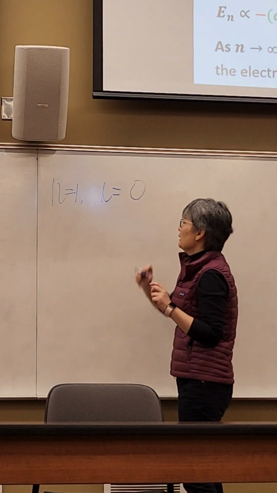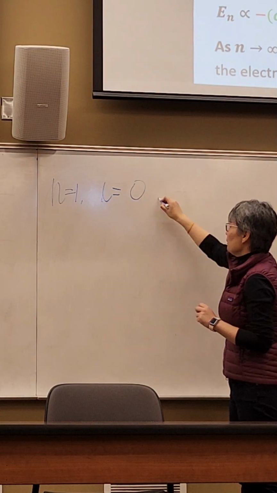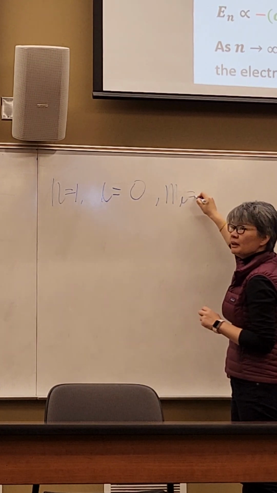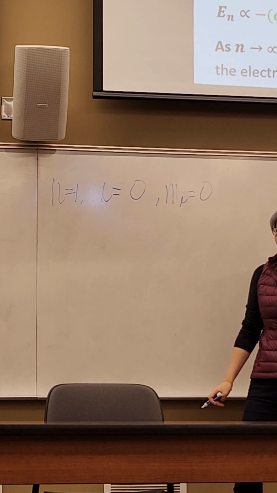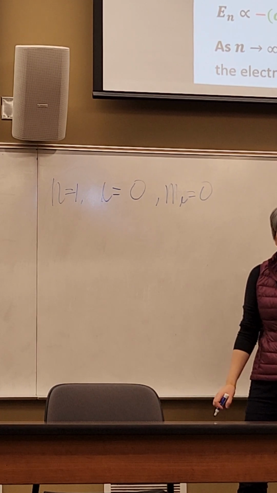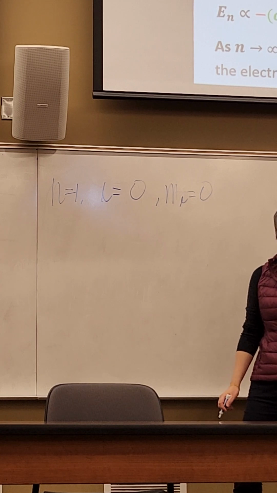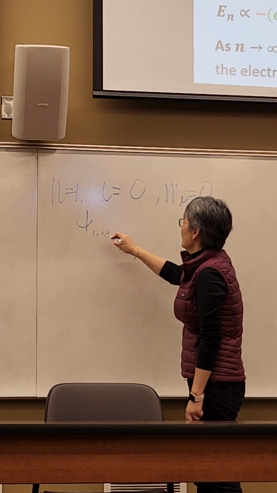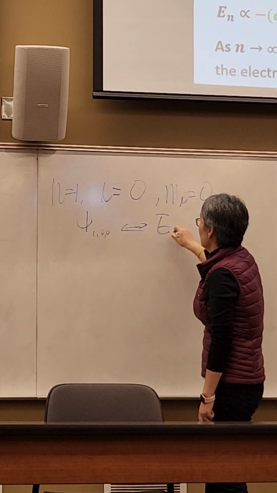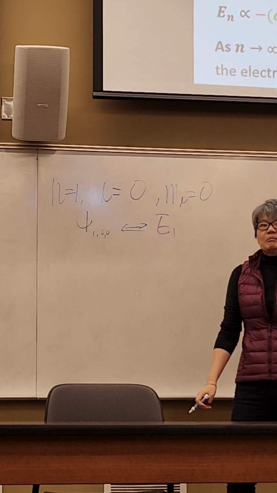L equals 0. So you only have one quantum state, true? Under n equal to 1, you only have one quantum state, and then you only have one energy value corresponding to it.